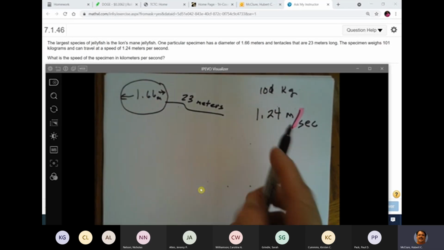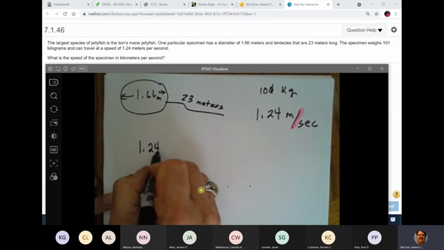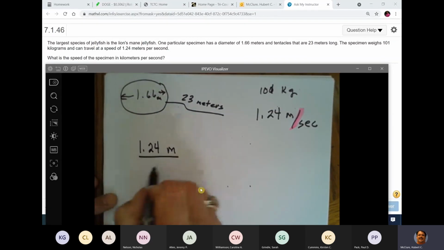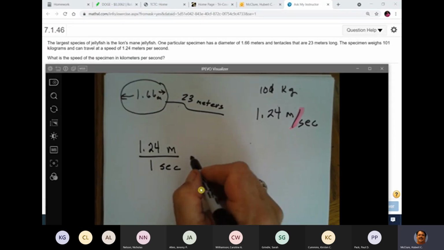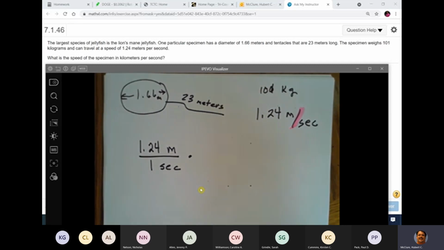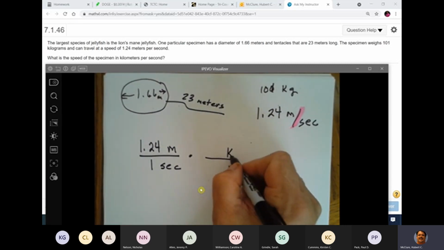So I'm going to start this off with 1.24 meters per 1 second. And they want to know what is the speed of the specimen in kilometers per second. So I just need to get rid of meters. So meters down here and kilometers right here.